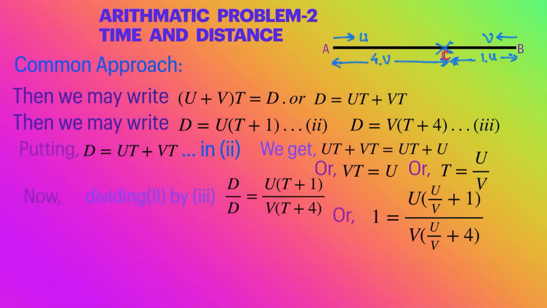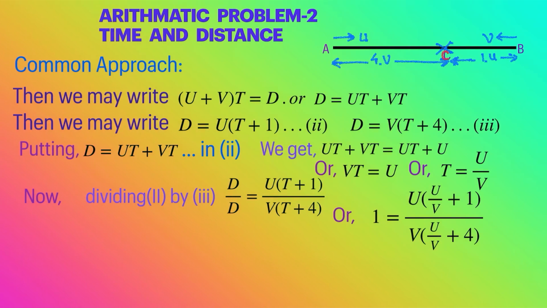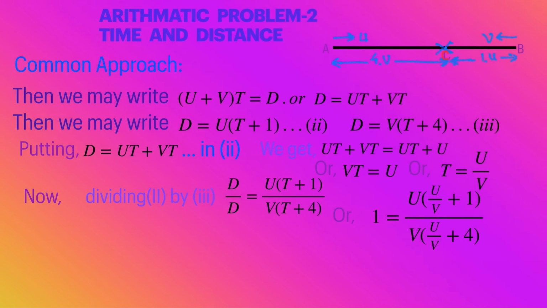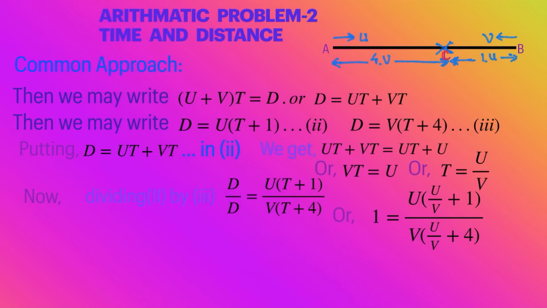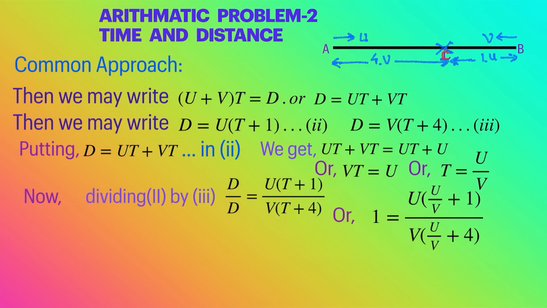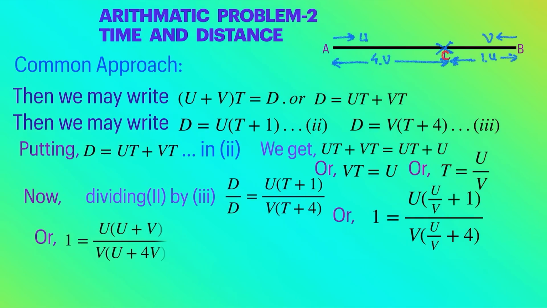So 1 equals u into (t plus 1) over v into (t plus 4). Putting t equal to u by v, we get 1 equal to u into (u by v plus 1) divided by v into (u by v plus 4). By simplification we get 1 equal to u into (u plus v) divided by v into (u plus 4v).